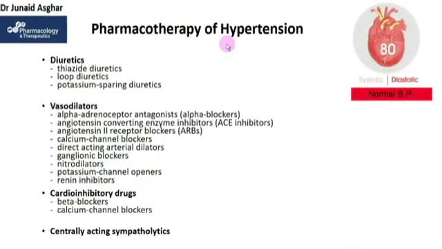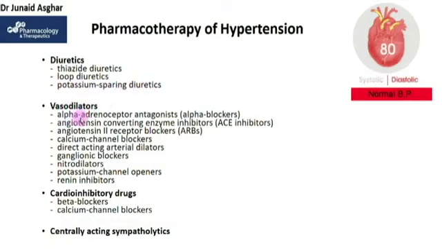Pharmacotherapy or treatment of hypertension. Now, the pharmacotherapy of hypertension can be approached in many ways using drugs with different mechanisms of action. These drugs can be divided into different classes, which are summarized here. For example, diuretics, including thiazides, loop, and potassium-sparing diuretics.